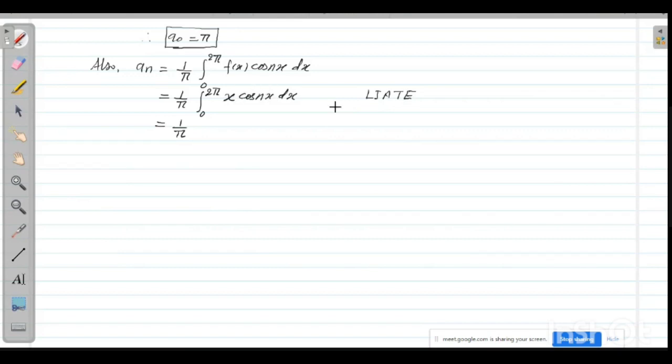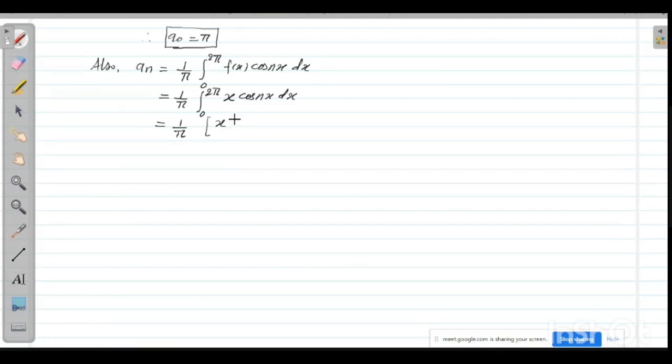A is algebraic, then cos n x is trigonometric, A and T. This is already in LIATE form, so no need to rearrange. Just apply the generalized integration by parts. Your first one is u, second one is v. So we write here u, that is x, and integration of v.